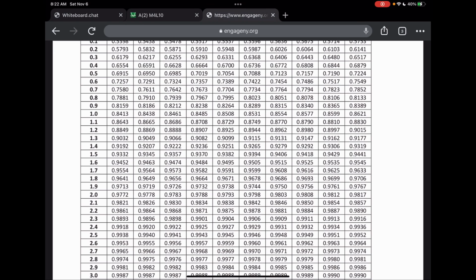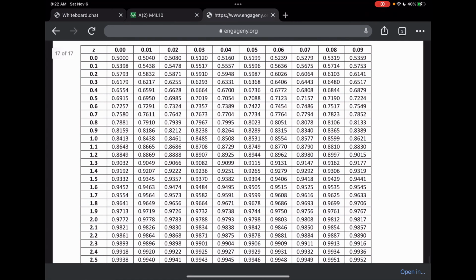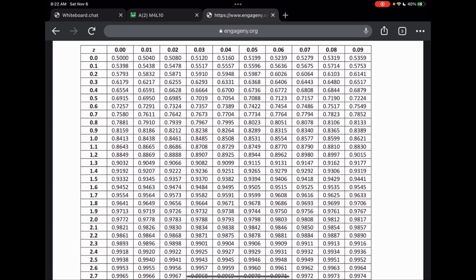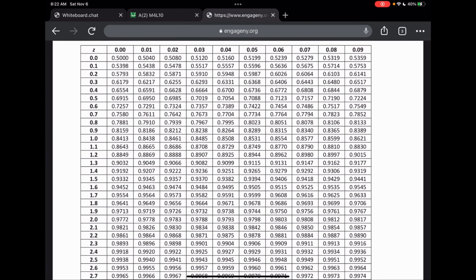If you look at this, this is what a Z-score chart looks like. You have your Z's. If we needed 1.23, we would come down here to the 1.2, over to the 0.3, so that's the 1.23. And you see that to be 0.8907.